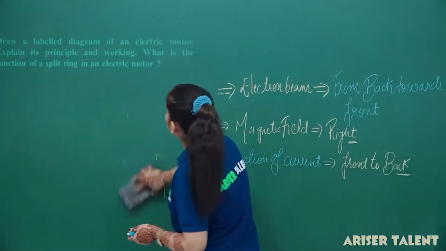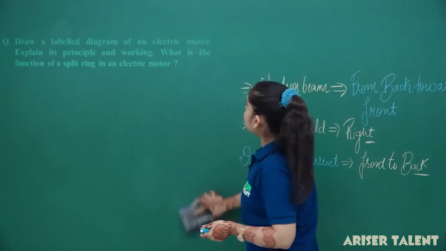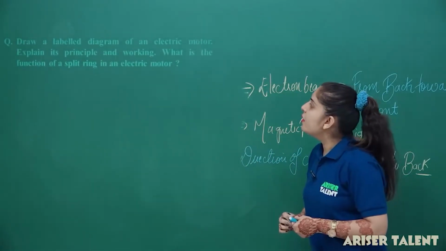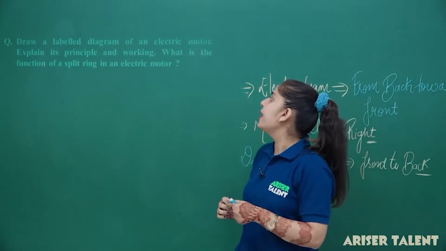Draw a labelled diagram of the electric motor. Explain its principle and working, and what is the function of the split ring in an electric motor.